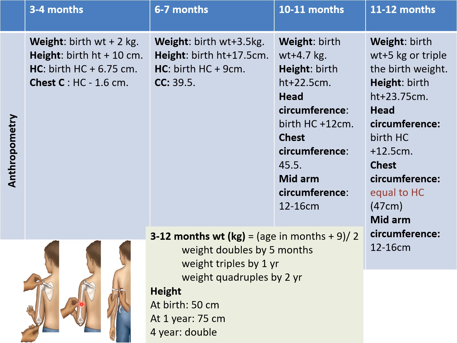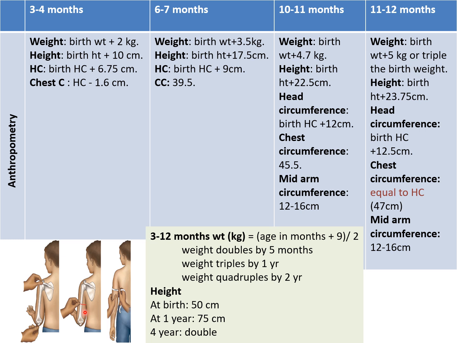So don't take the inch tape away from there. There itself you have to rotate the inch tape and find the mid-arm circumference. Hope you understood how to find the mid-arm circumference. You have to flex at the elbows, then from acromion to olecranon, you have to measure with an inch tape.